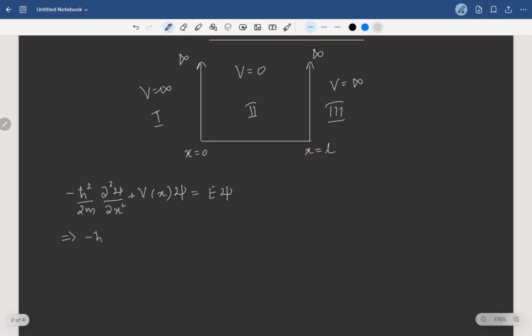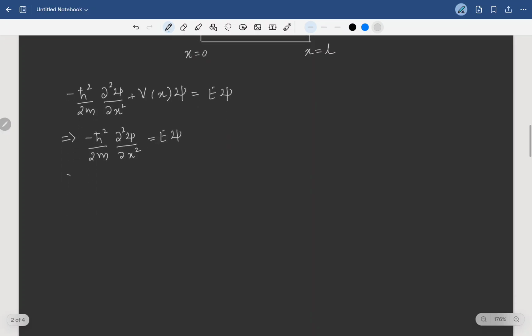Minus h cut square divided by 2m, where m means the mass of the particle, into d square psi by dx squared, potential is 0, is equal to E into psi.